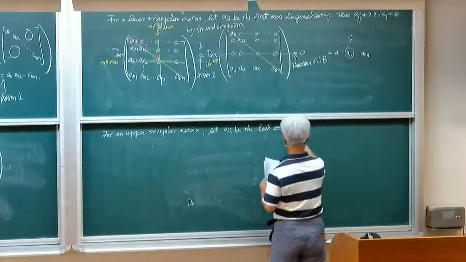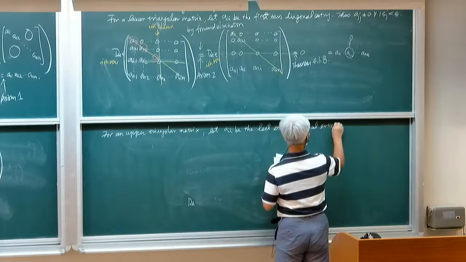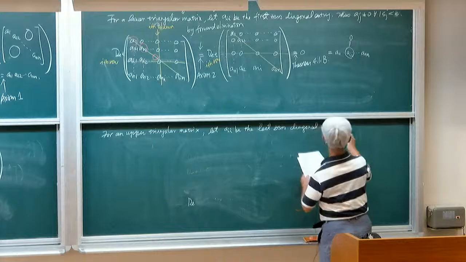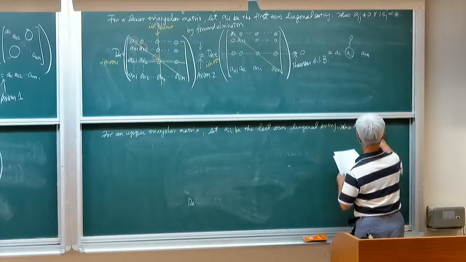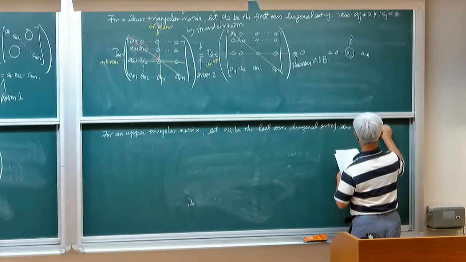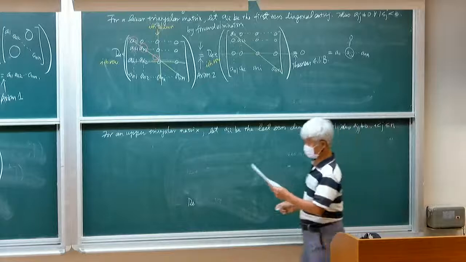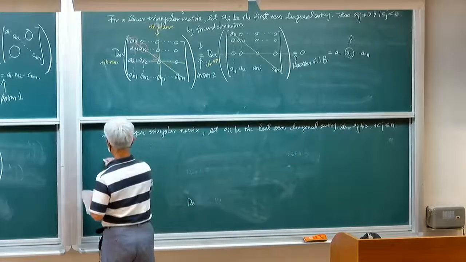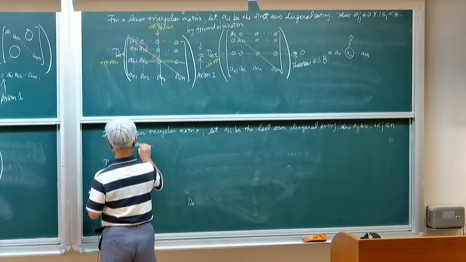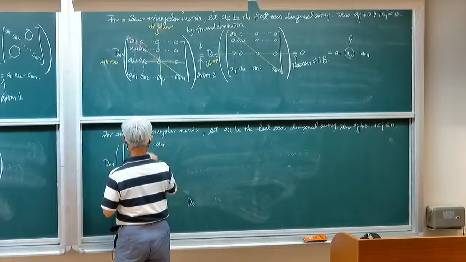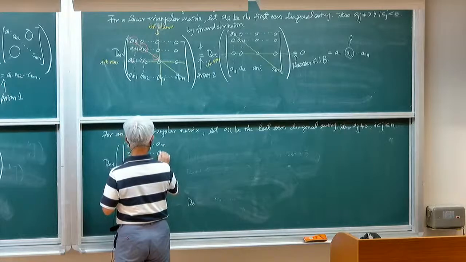The last zero diagonal entry. So that's a_jj not equal to 0 for all j greater than i. So that the determinant of A11, A12 up to ANN, A22.